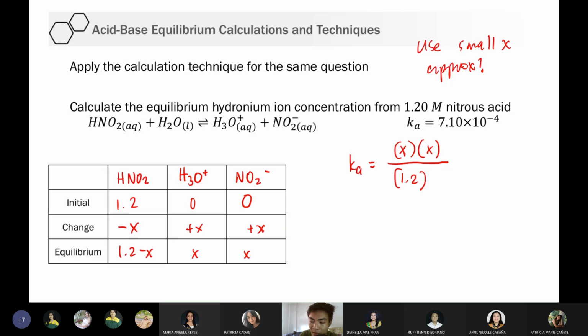Okay? And then you solve for x, no? So you have x squared equals 1.2 Ka. You get your x equals square root of 1.2 Ka, or that's equal to 0.029.